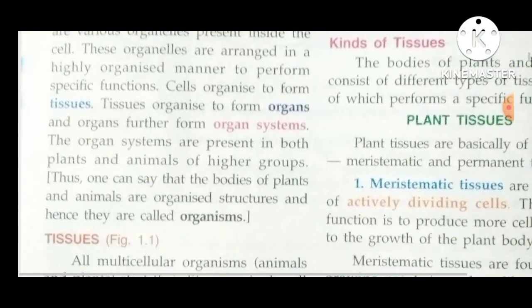Organ systems are present in both plants and animals of higher groups. Thus, one can say that the bodies of plants and animals are organized structures, and hence they are called organisms. When organ systems in plants and animals are combined, that is called an organism.